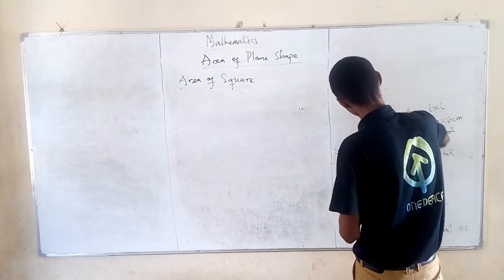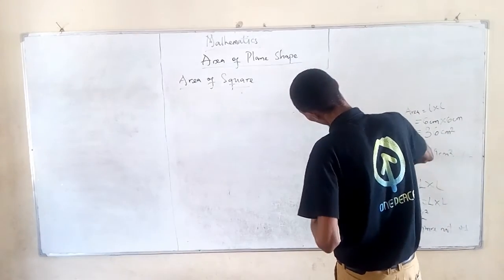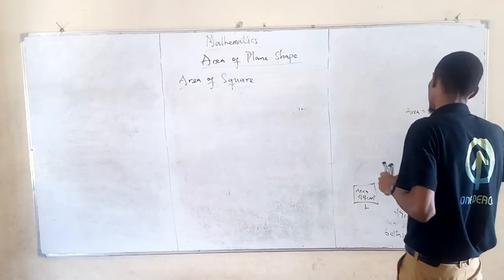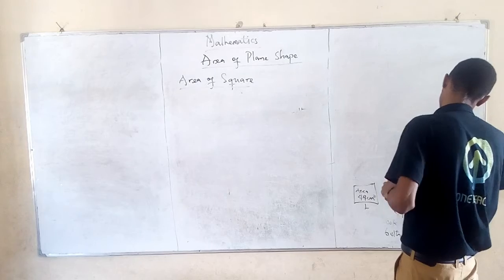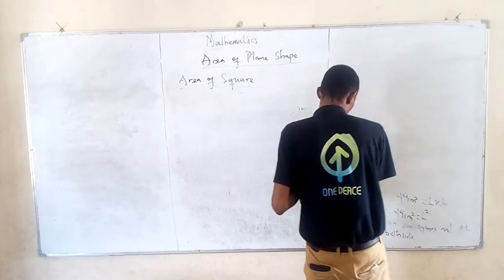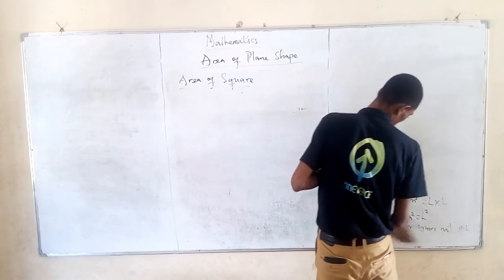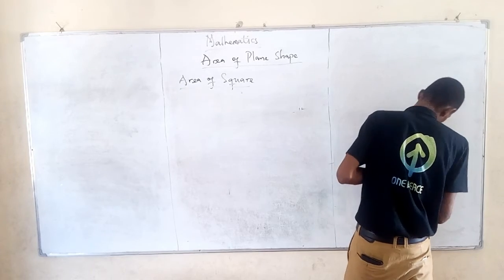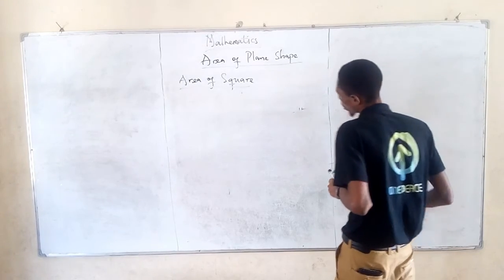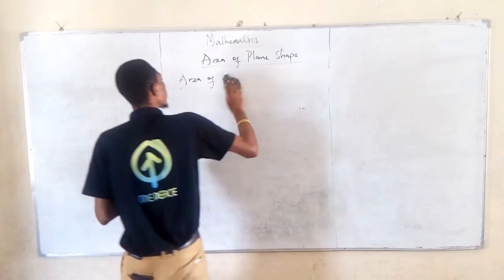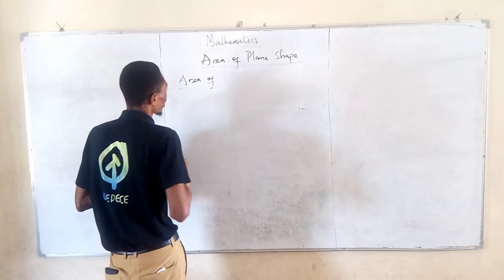A rectangle is also a four-sided shape with two opposite sides to be equal. Now let's try that out and see what we get.